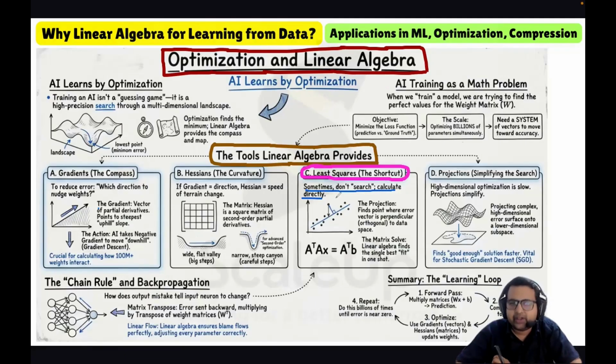So in linear regression, the least squares method finds the point where the error vector is perpendicular, or orthogonal, to the data space. So in regression, we use the concept of projection. Projection means finding the point where the error vector is perpendicular to the data space. Now let us suppose this line is representing the data space and this is the point.